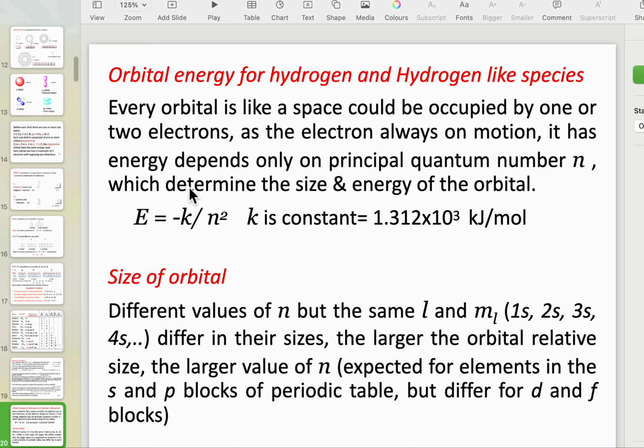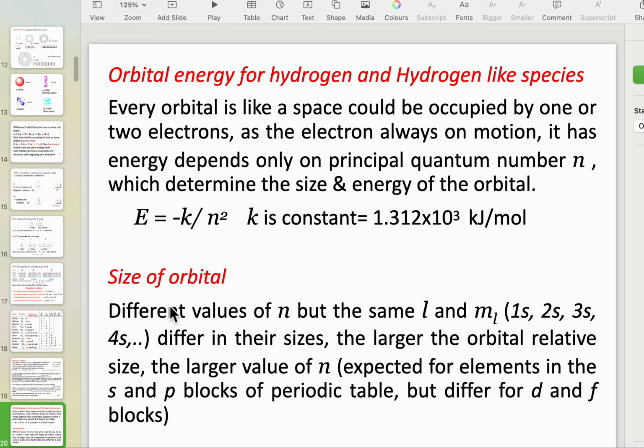So n determines the size and energy of the orbital. The equation for the energy of the orbital is E equals -k divided by n to the power 2. K is a constant, 1.3 times 10 to the power 3 kilojoules per mole.